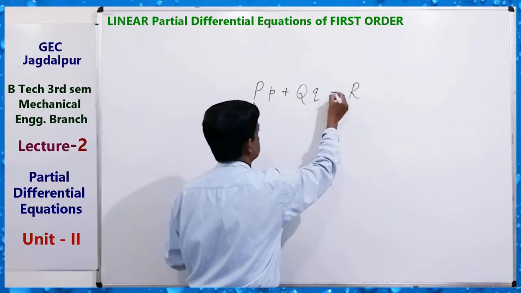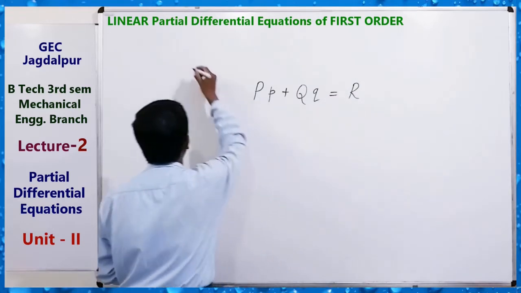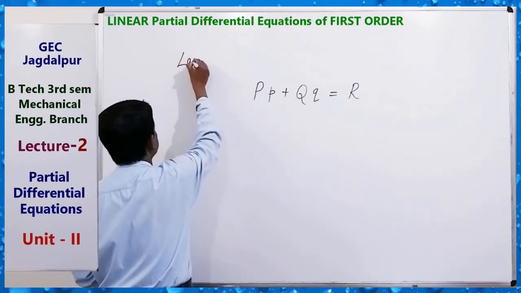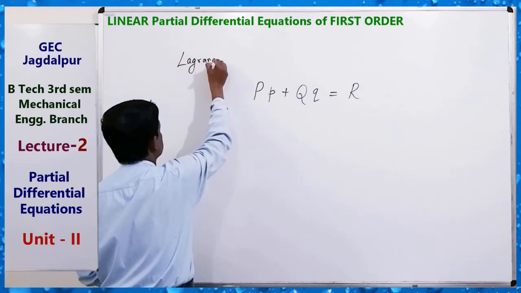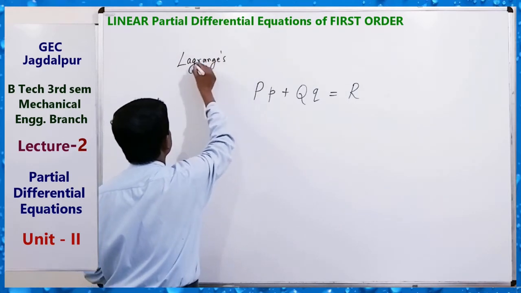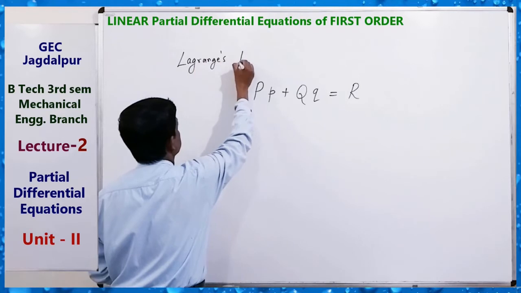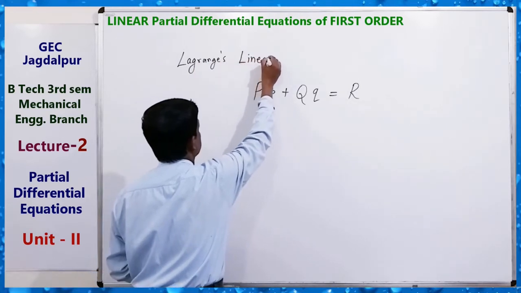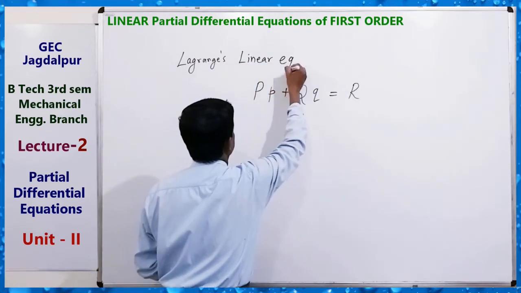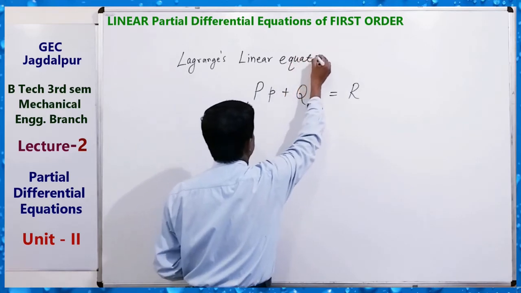This is equal to this. This is Lagrange's linear equation.